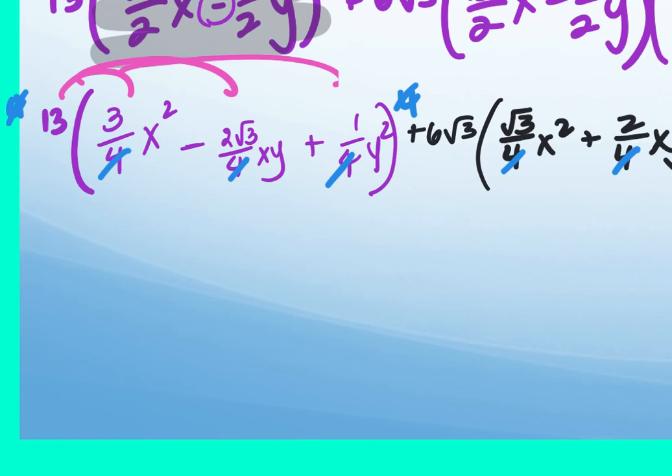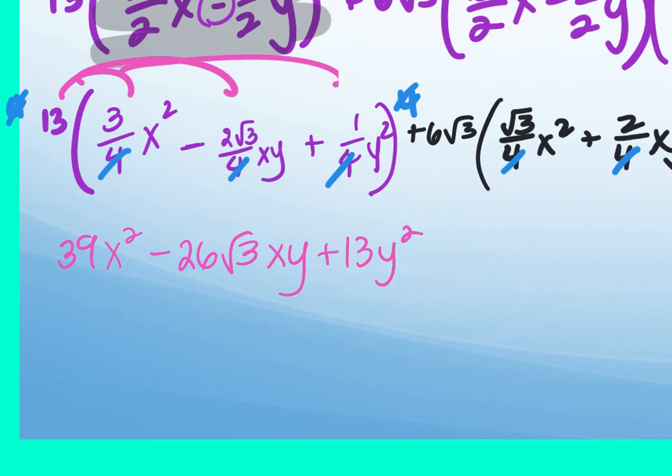So 13 times 3 is 39x squared. 13 times negative 2 root 3 is negative 26 root 3 xy. 13 times 1 y squared is positive 13y squared.